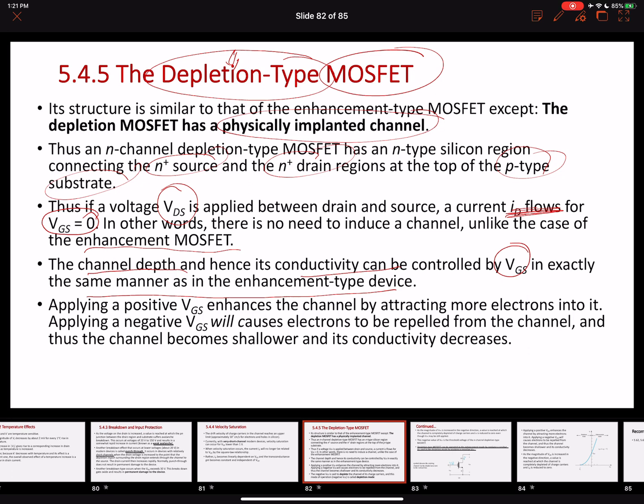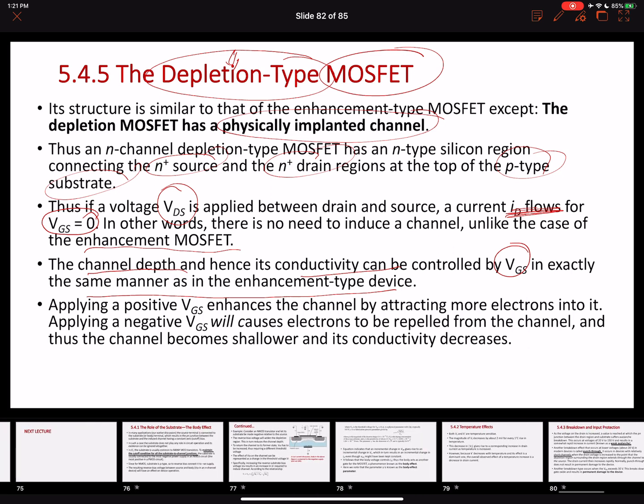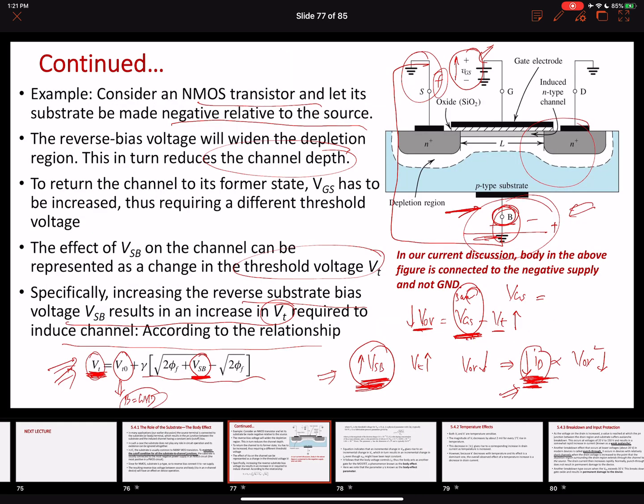So what will happen if you apply a negative VGS? If you apply a negative VGS, that will start to repel the electrons. If I go back to this, this was our NMOS, and just assume that this channel was already there with all of these electrons.